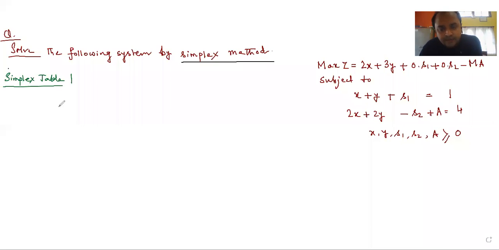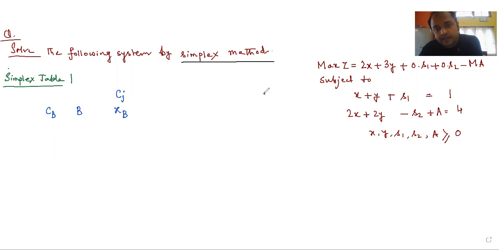Okay, so the simplex table is there. What is the format? Let me write the format first of all, and then I'll explain term by term. We'll first write CJ. Then just below that we shall write CB, B, and XB. These are the column headings.